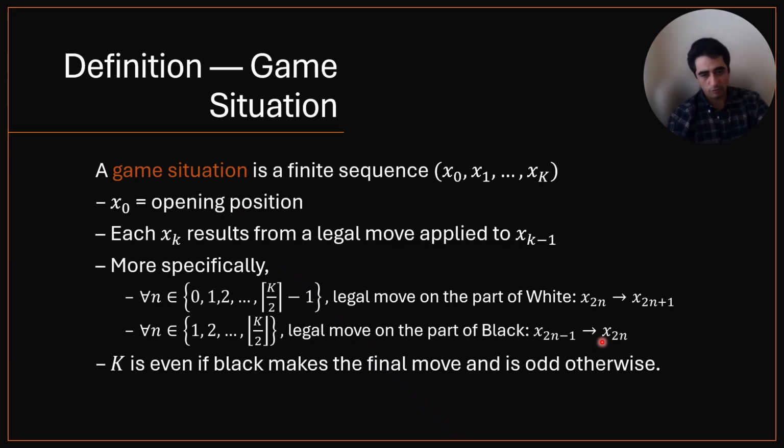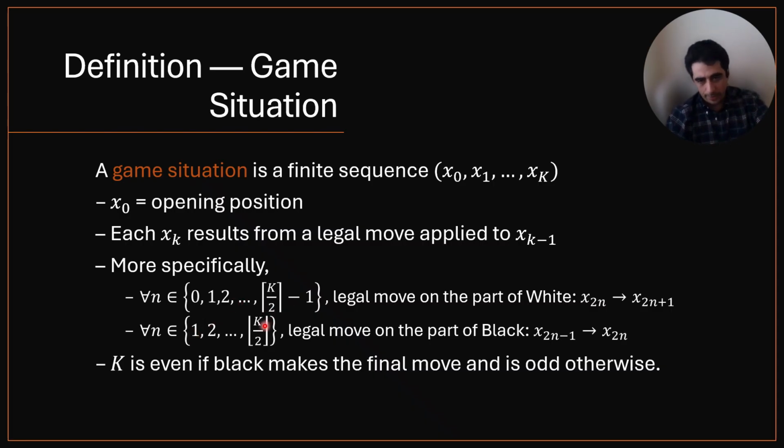Why do we say legal move? Because not every move is legal. You cannot just move a piece to any random location and say this is a legal move. And you can check out these boundaries, or these ranges for n, for both white and black.